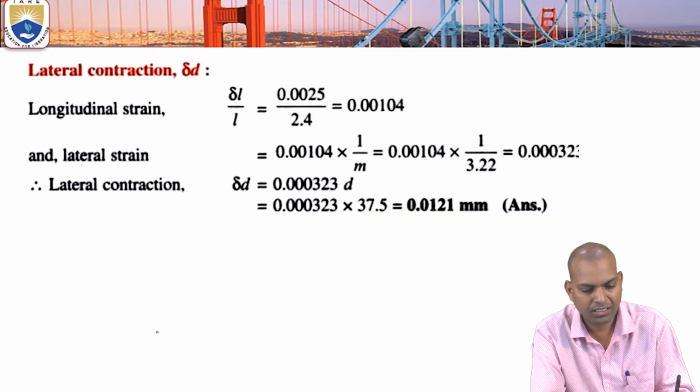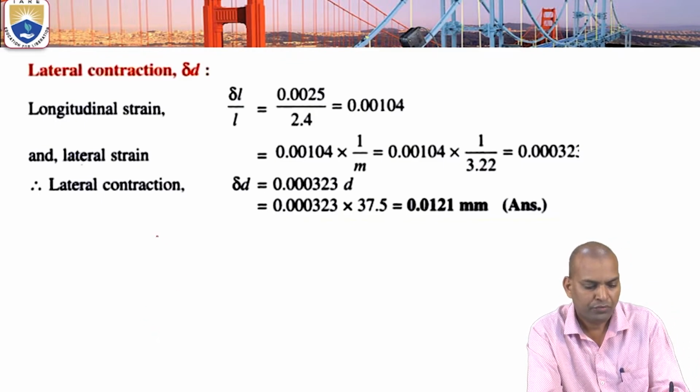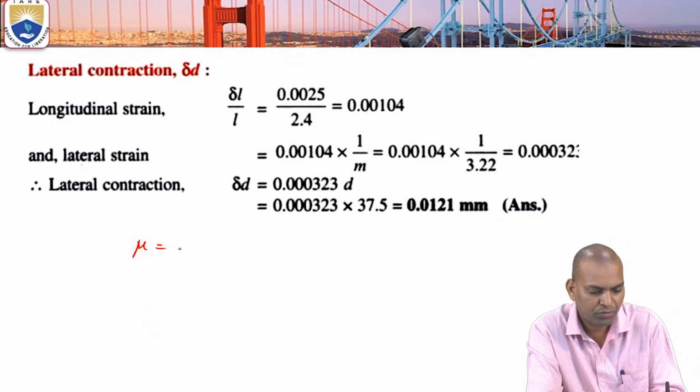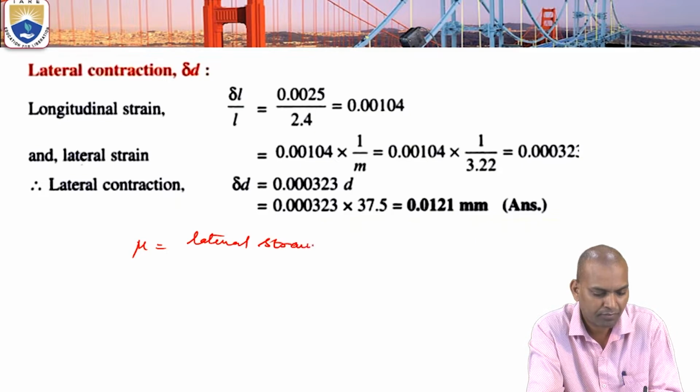We want the lateral contraction. We know the Poisson's ratio, mu, equals lateral strain by linear strain.